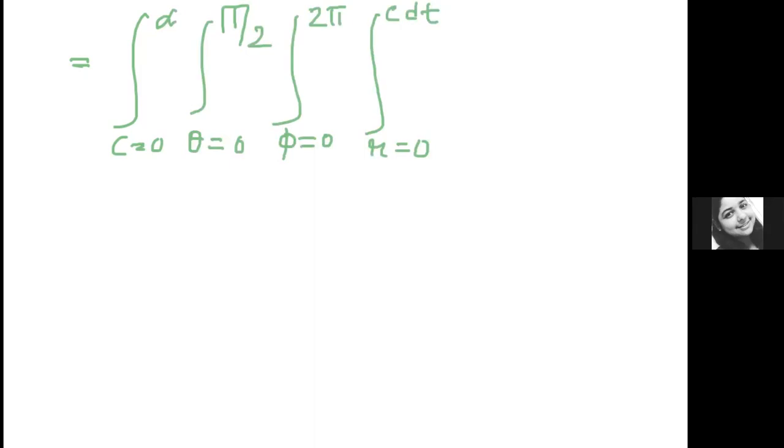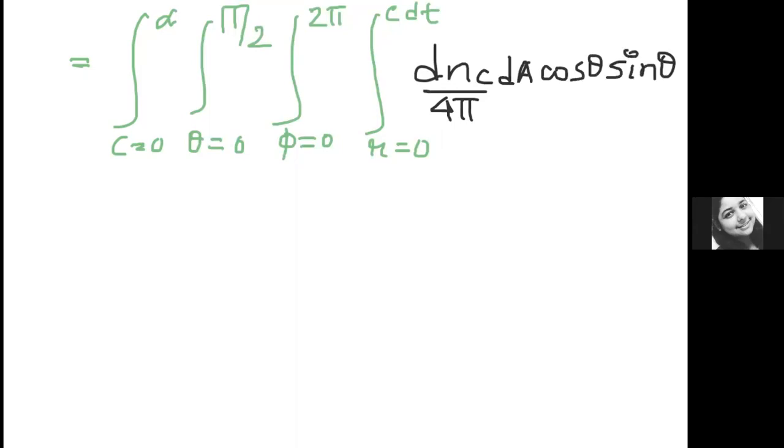Then write down the expression as it is: dn_c by 4 pi dA cos theta sine theta d theta d phi and dr. Make this expression number 2.